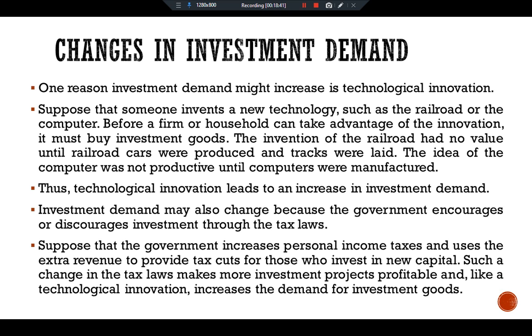Such changes in tax law make more investment projects profitable and, like a technological innovation, increase the demand for investment goods. So here we have a graphical presentation of how investment changes can impact the interest rate.